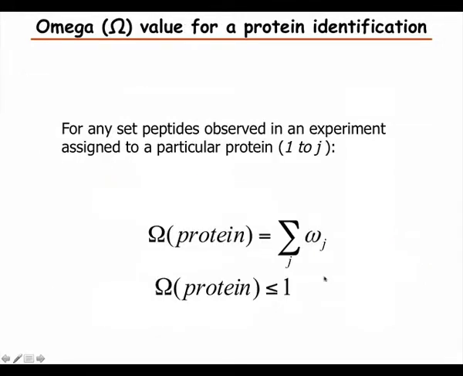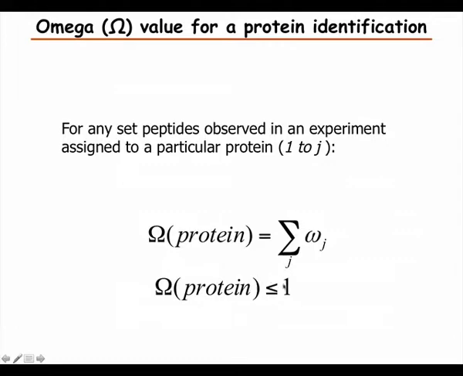So what we can do then, if we have an identification of a protein, is go in and get these peptide frequencies from the database and just add them up for the peptides that we observed. And of course, if we observe all the peptides, we're going to get the value of 1.